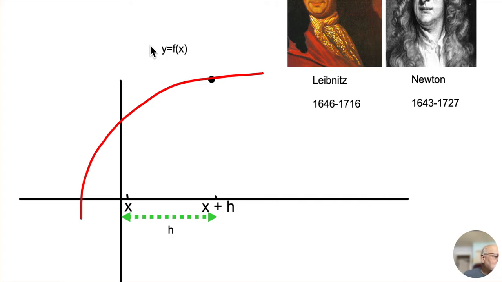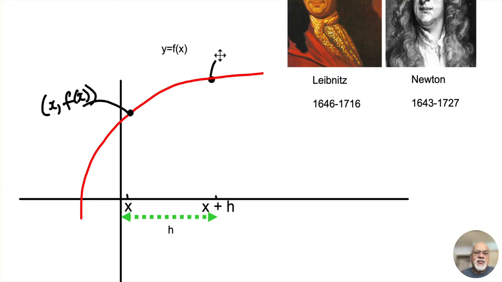Now, if I want to know what the slope of the tangent is at this black dot here, the issue is we don't know how to calculate the slope of a line when we only have one point. So instead, we're going to take a look at the y value at x, and that point there would be x and f of x.